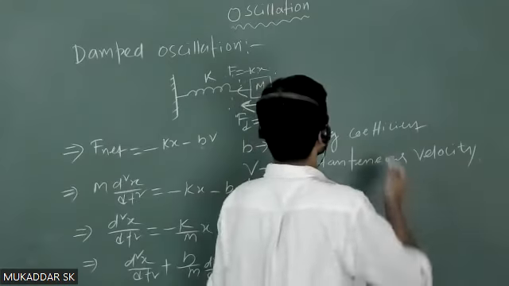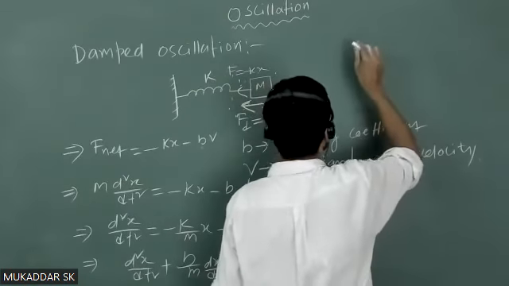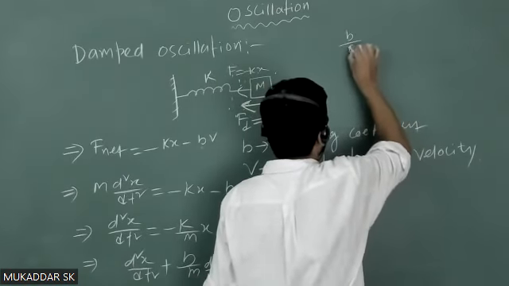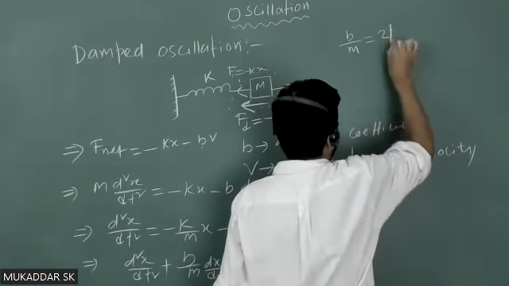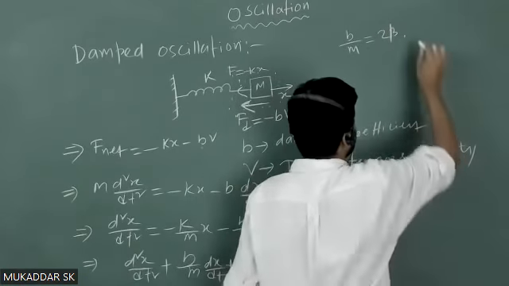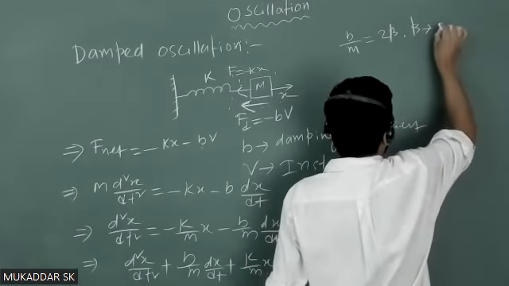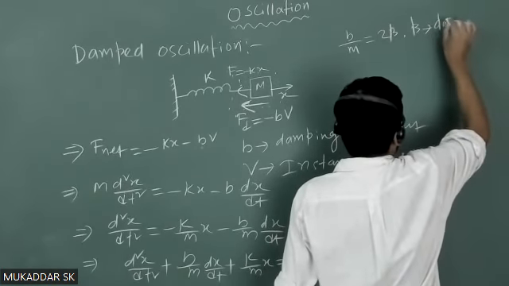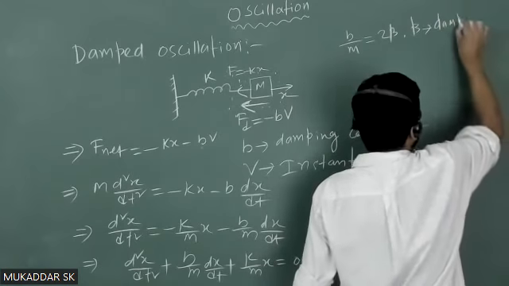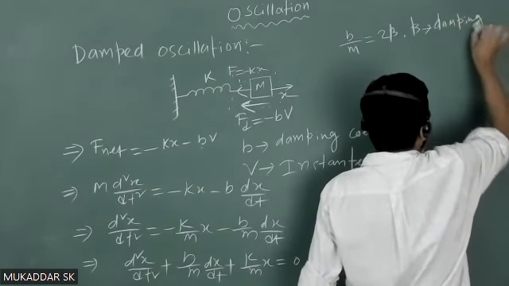Okay. Now let us assume b by m is twice beta, where beta is the damping parameter.